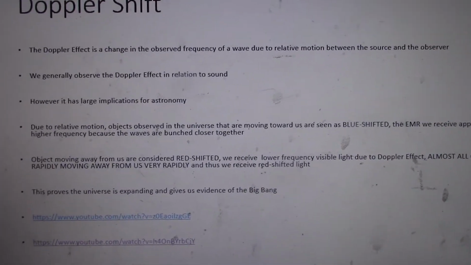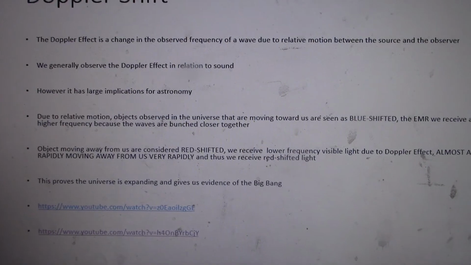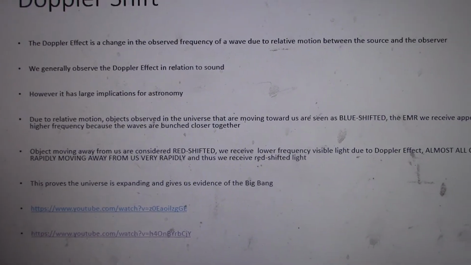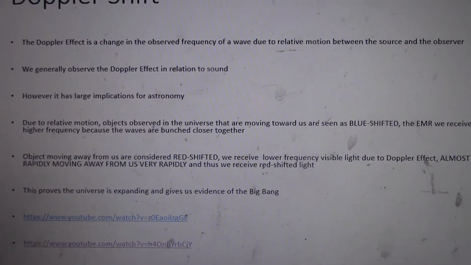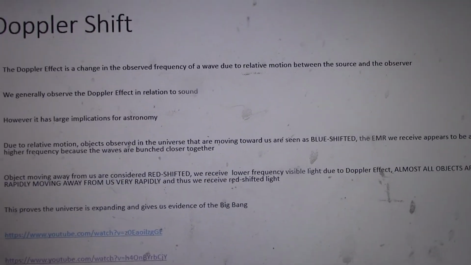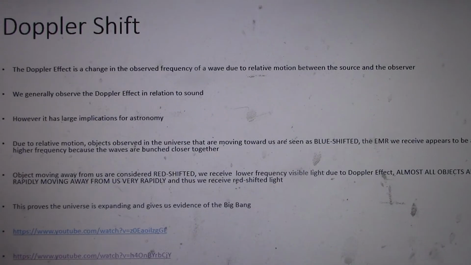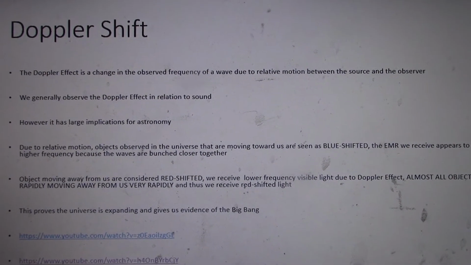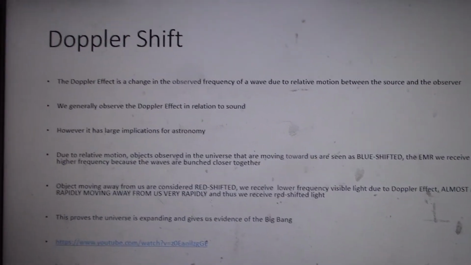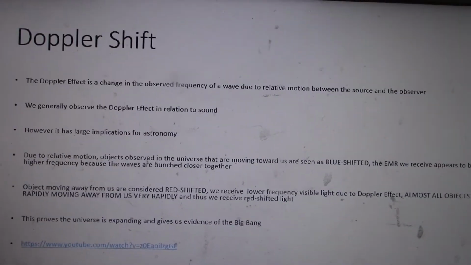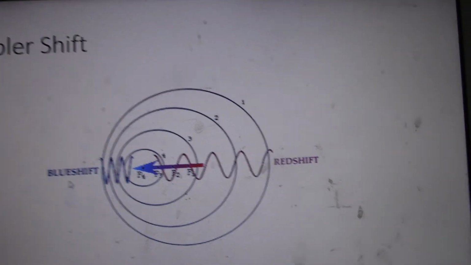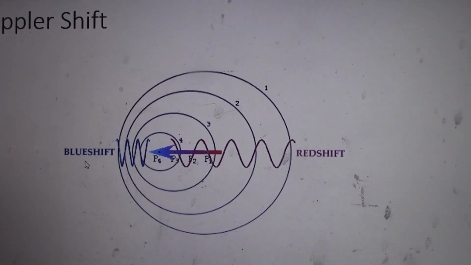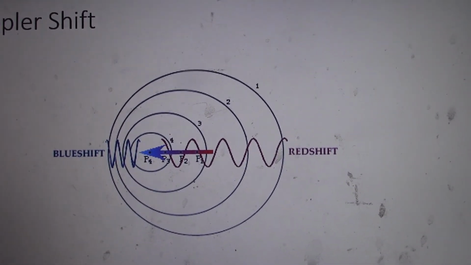Objects that move towards us are blue shifted because their waves are bunched up and appear to be higher energy. Objects that are moving away from us in the universe, their light waves are further apart and appear as lower frequency. And that's how we know that the universe is expanding. So that's the Doppler effect. Right, so blue shift and red shifted light.